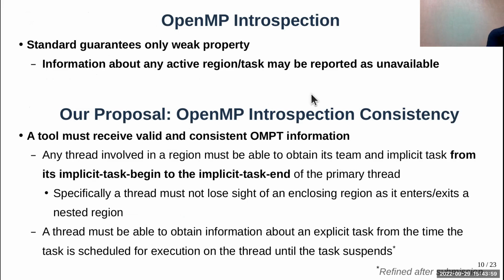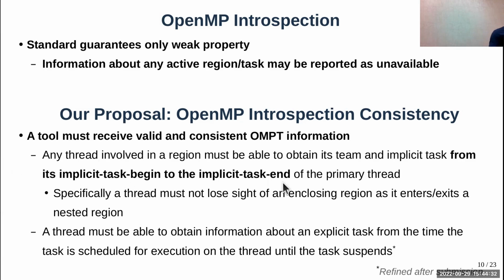So what we propose is an improvement in the sense of OpenMP introspection consistency, which guarantees that a tool must receive valid and consistent information. The first thing that we say is that any thread involved in a parallel region must be able to obtain information about the parallel region itself from the team descriptor and its implicit task, from the moment of implicit task begin on that thread until the moment of implicit task end of the primary thread.